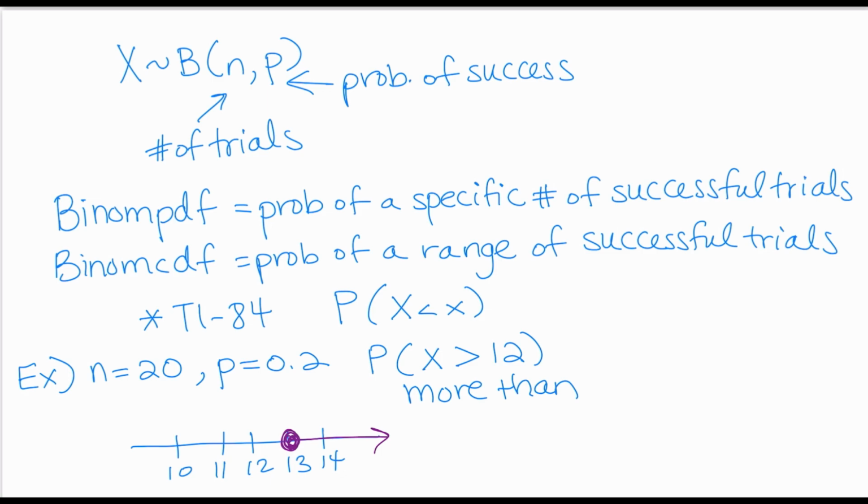So the complete opposite of making more than 12 is 1 minus the probability that I make 12 or less, okay? So the complete opposite of making 13 or more is that I make 12 or less instead. Each one of these are independent trials.